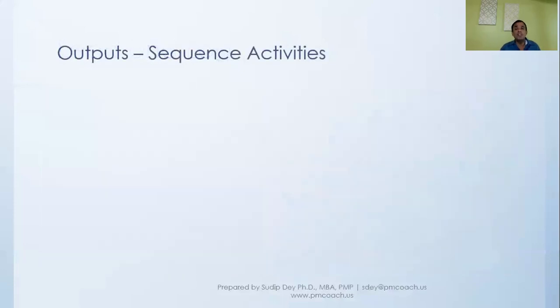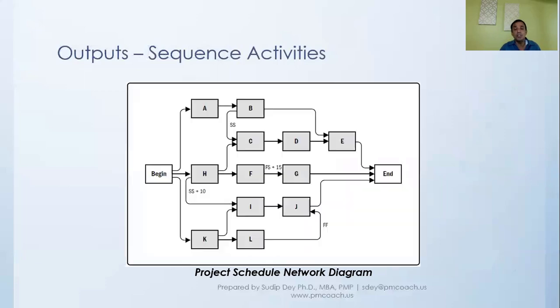As an output from the sequence activities, what we'll really get is the project schedule network diagram that we talked about. And in this network diagram, as you can see, we'll have different kinds of relationships. For example, between K and L, it is finish to start. If you look at B and C, it is a start to start relationship.